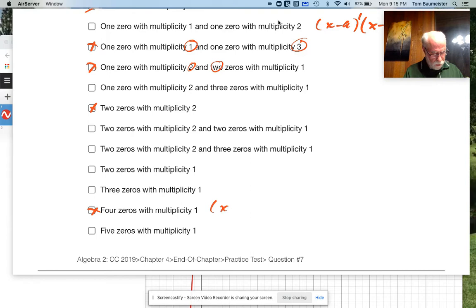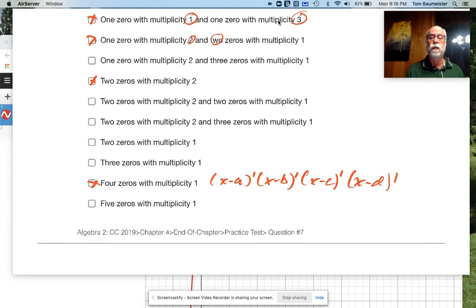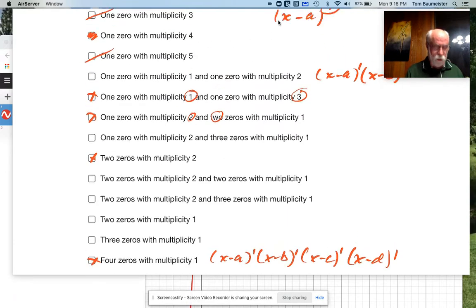Think about that: x minus a to the 1st power, x minus b to the 1st power, x minus c to the 1st power, x minus d to the 1st power. So those are all the ones that you can have. Remember, the key is that the exponents add up to the degree.